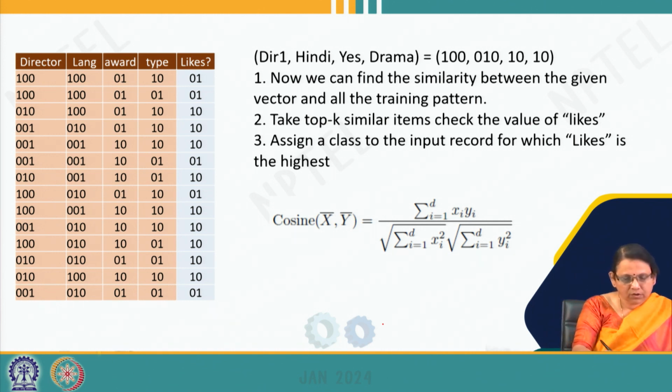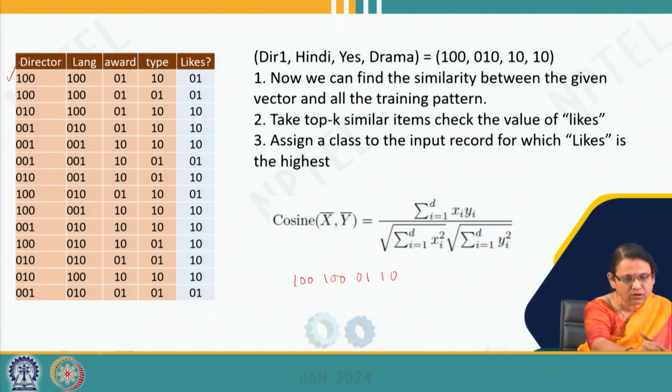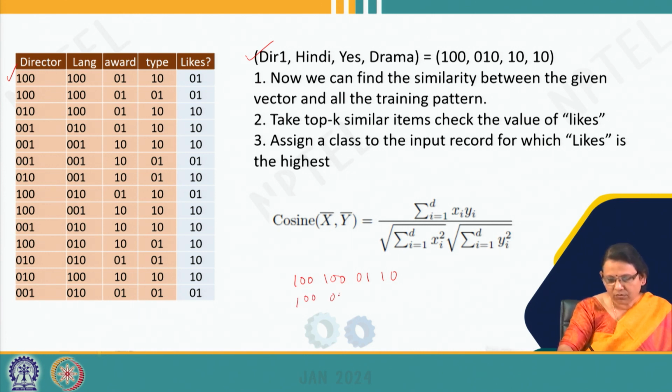Let us say the first record was 100 0110, and this is the first record, from the training, and the target record was 100 010 1010, and this is the target.